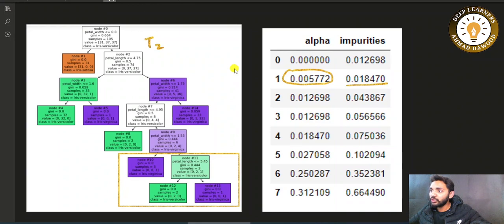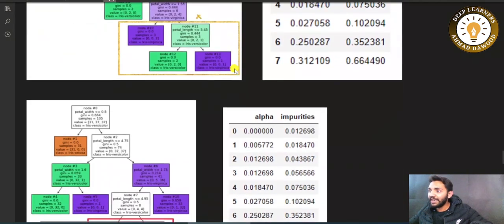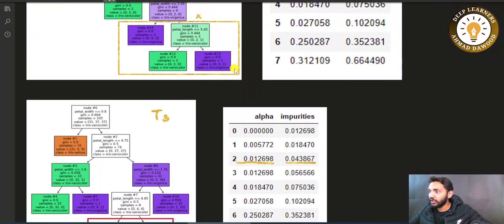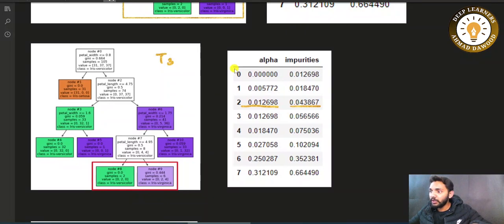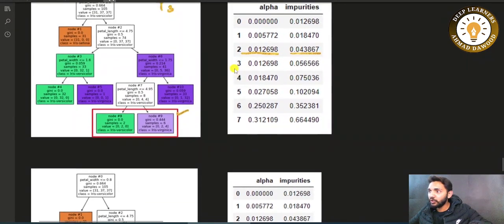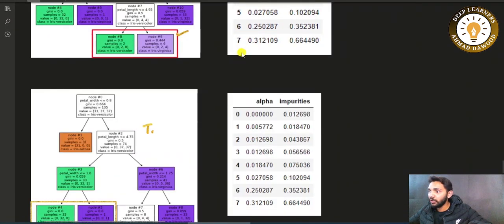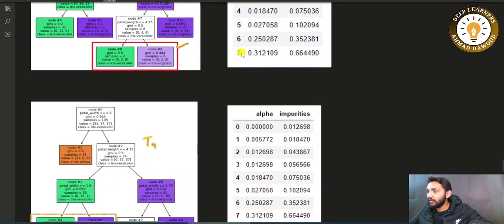Again, you will prune the branches of non-terminal node with minimum alpha. You will get another tree which is T3, which will have alpha value this one and impurity this one. Again, you will prune on the base of minimum alpha, and you will get another tree which will be T4, and this T4 will have this alpha value and this 0.05 Gini impurity.